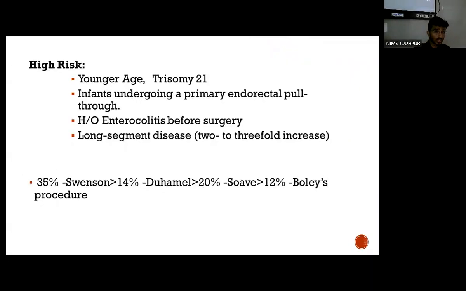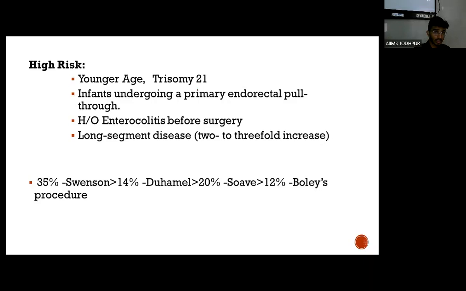The risk factors, the high-risk group for enterocolitis, are younger age, Down syndrome, infants undergoing a primary endorectal pull-through, who are at higher risk compared to a staged procedure, history of enterocolitis before surgery, and long-segment disease.